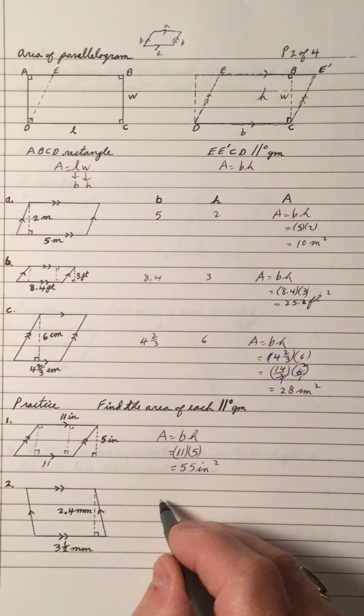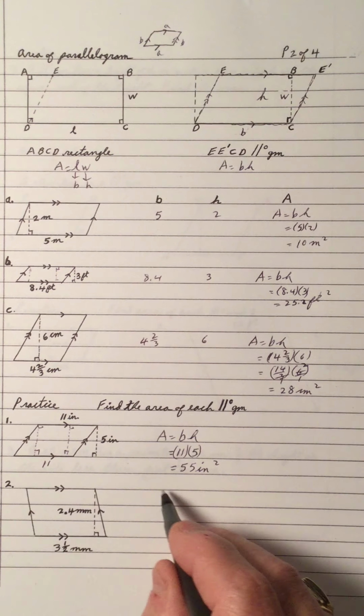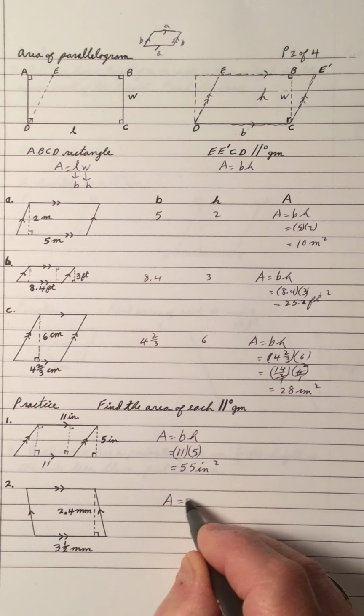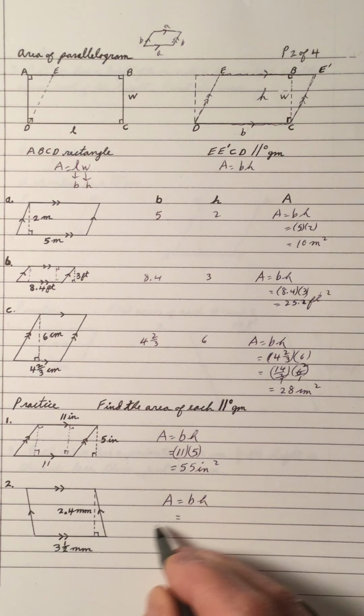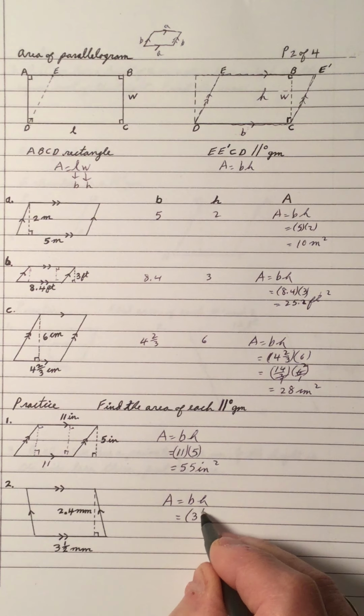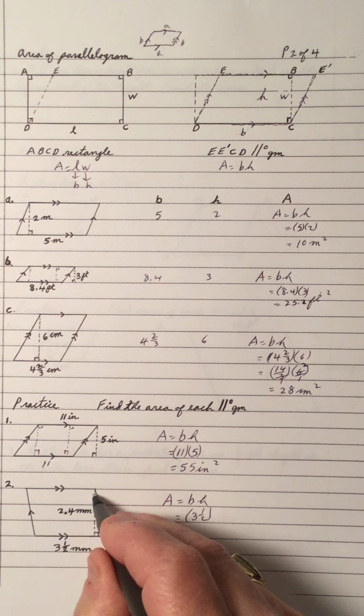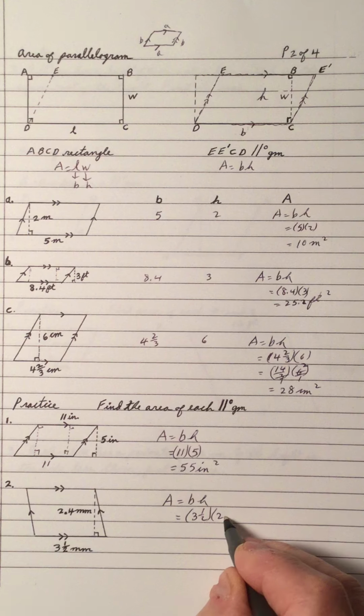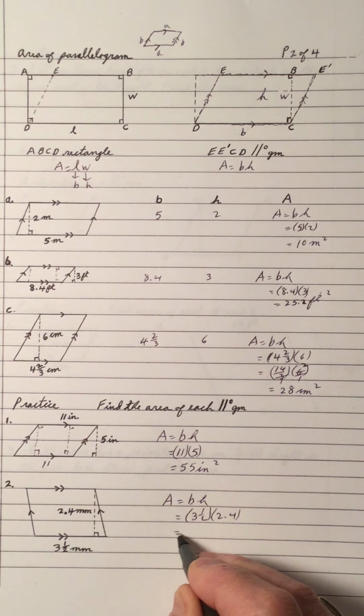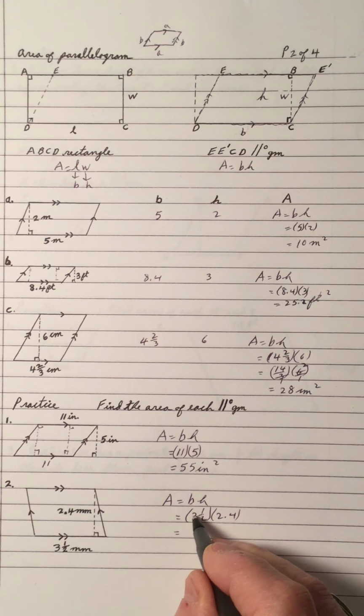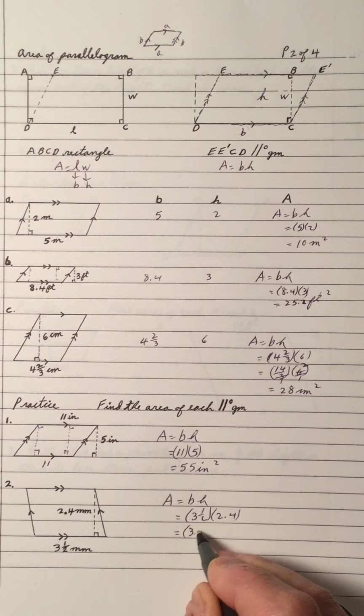Number 2, we have a parallelogram again, so the area is base times height. The base is on the bottom, 3.5, and the height is the perpendicular distance of 2.4.